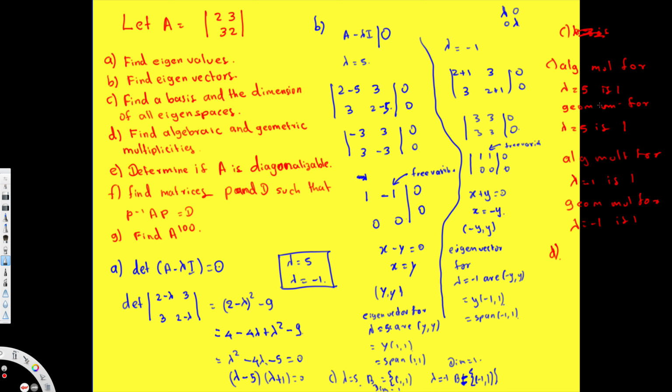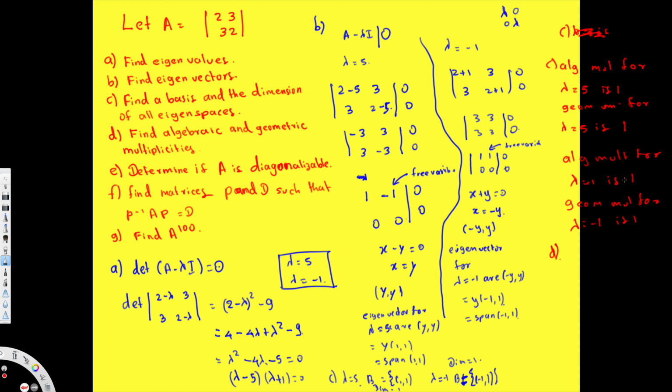So it depends. If we have algebraic multiplicity and geometric multiplicity equal, it means it's diagonalizable. So we have to check for each of them. Lambda equal to minus 1. For example, what happens if we have 2 here?